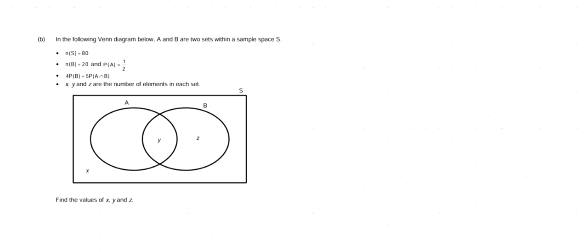They want us to find the values of X, Y, and Z. There are 2 ways in which they do this, and we'll go through both ways. So let's start with the statement that 4 times the probability of B is equal to 5 times the probability of A and B. We are told that B is equal to 20, so we can substitute that in.